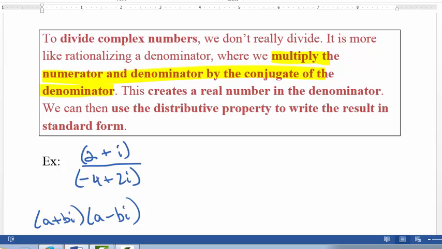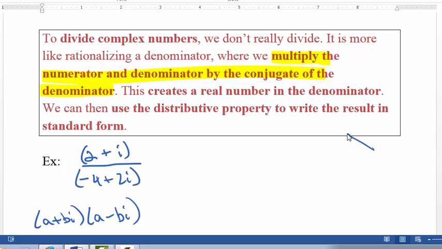So when we're dividing complex numbers, we're not actually dividing, like traditional division. We're actually multiplying the numerator and denominator by the conjugate of the denominator. It's kind of similar to when you rationalize the denominator, like you would multiply the numerator and denominator by radical 2 to get a radical 2 out of the denominator, or you would even multiply by conjugates to get radicals out of the denominator. But here we're multiplying by the complex conjugate to get the imaginary number out of the denominator.